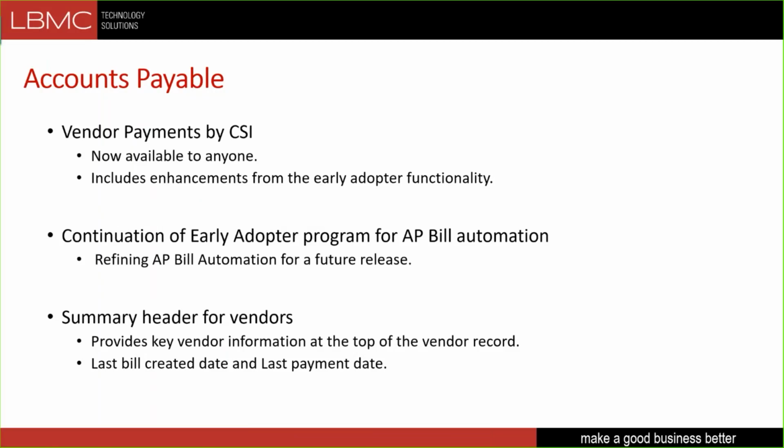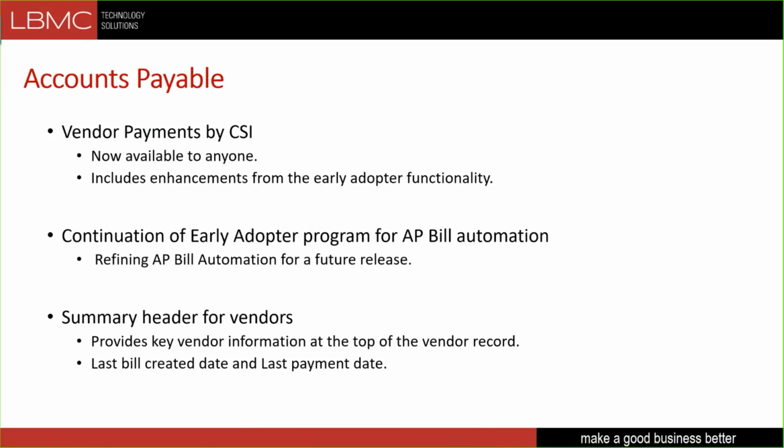Another thing in AP is going to be a continuation of an early adopter program, unrelated to CSI, but related to AP bill automation. That is a big focus of Sage Intacct right now.